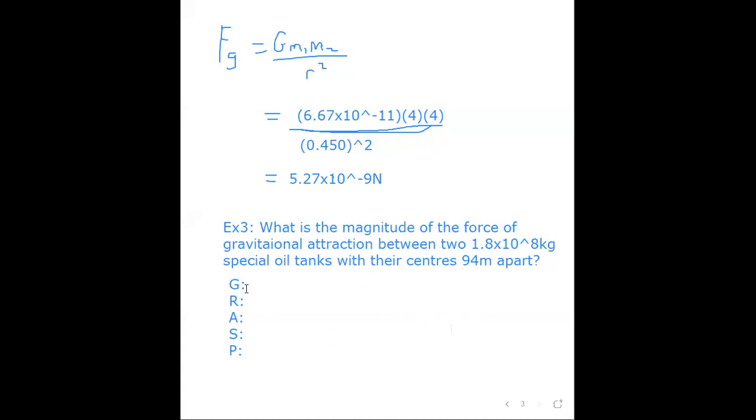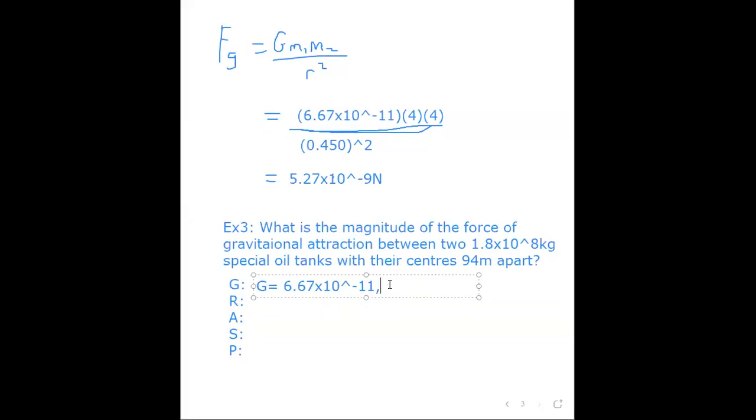Okay, so what we're given in this case, I'll start you guys off and then you guys can solve the rest of it. Basically, it's standard. Big G is equal to 6.7 times 10 to the negative 11.